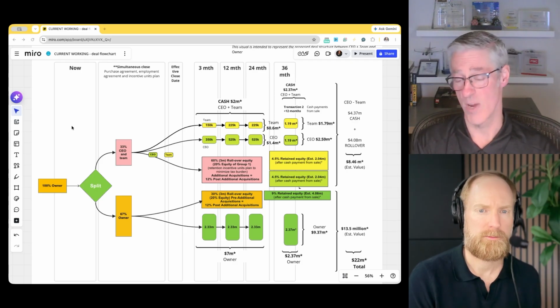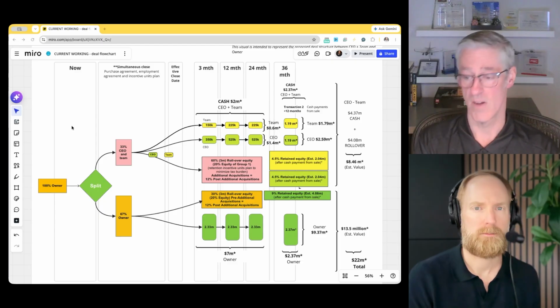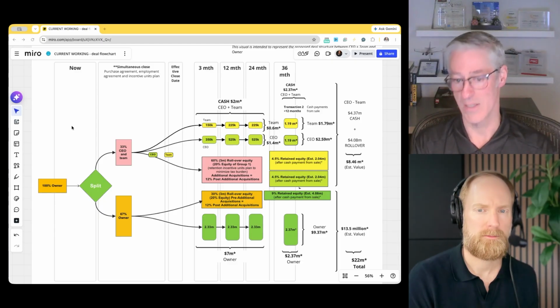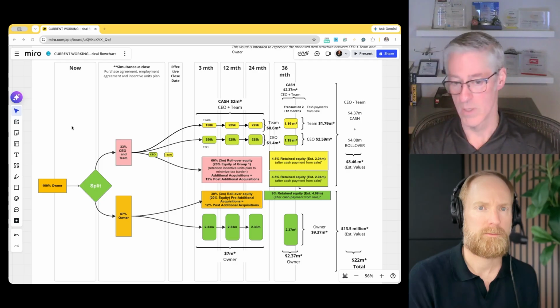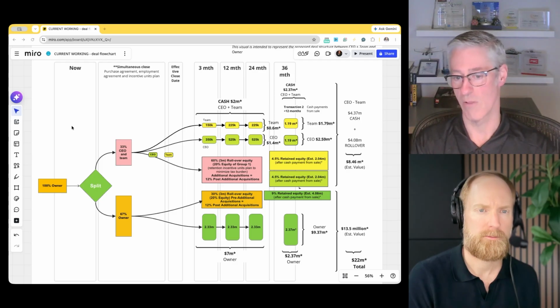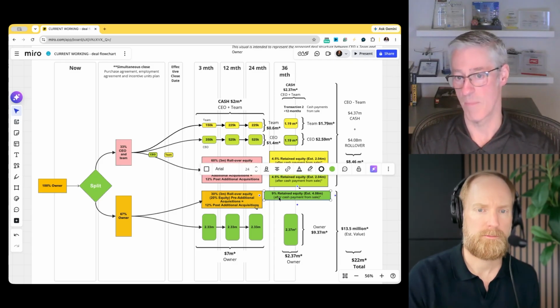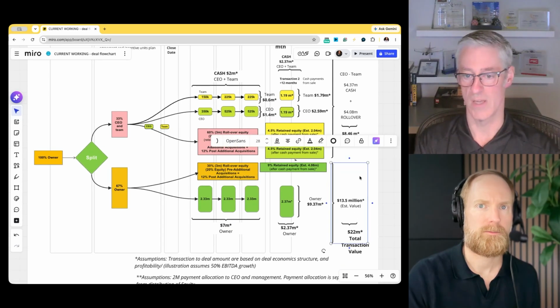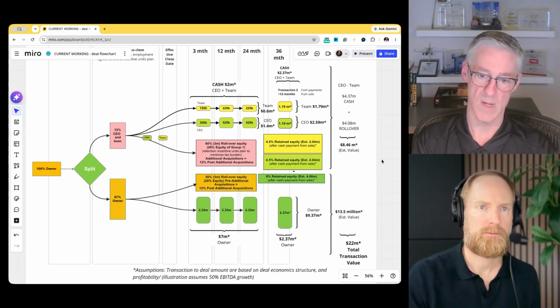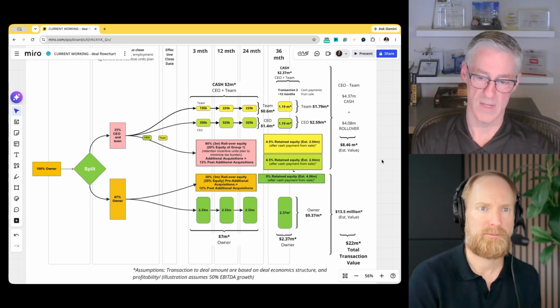What does the consideration look like to the various stakeholders at exit? What is the owner who rolled, what's his likely check look like at exit? How much of that are we compelling him to roll into the successor package, if you will? You can see here essentially, I'm trying to recall the exact details.